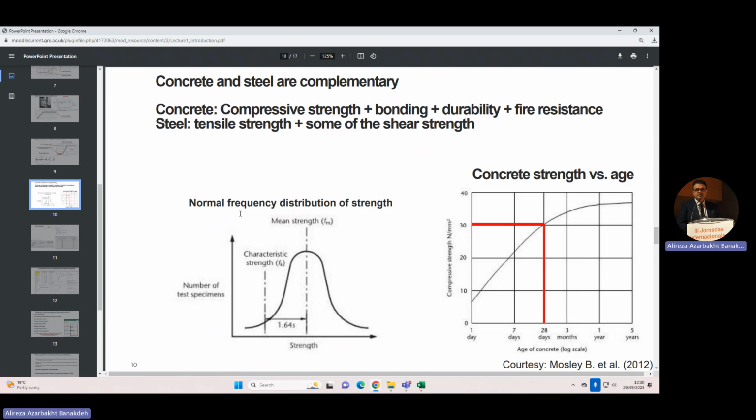These numbers, 30 megapascal and so on, are called the strengths of the concrete at 28 days. At 28 days of life, the concrete reaches its most meaningful strength number. After that, it increases a little bit more, but we disregard this part again for safety.